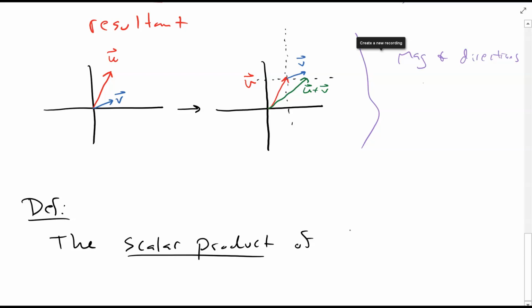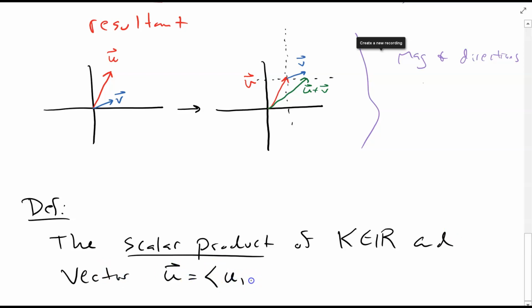A vector has two components to it: a magnitude, a size that's just a number, and also a direction. So scalar multiplication is the multiplication of a scalar, some real number, with a vector. I'm going to call that vector u and define it component-wise as u1, u2.